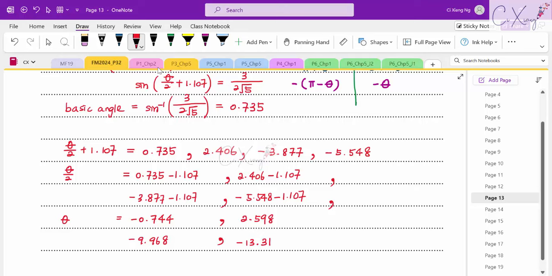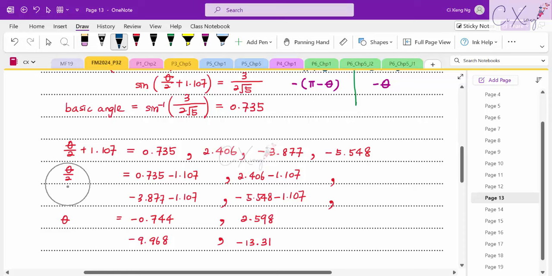All right. So now, if we try to observe these few answers here, we double check with the range. Again, the first two answers should be a positive angle. But after I minus 1.107 and multiply with 2, one of the answers becomes negative.